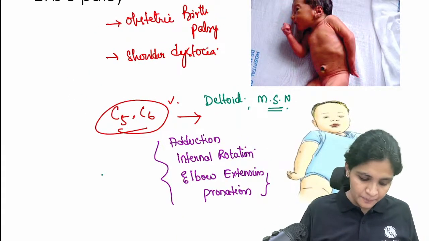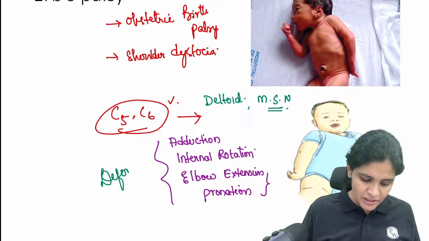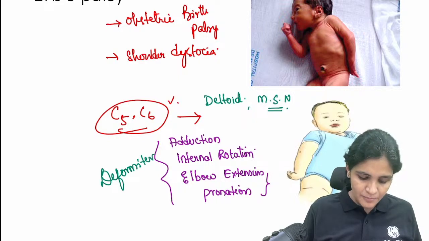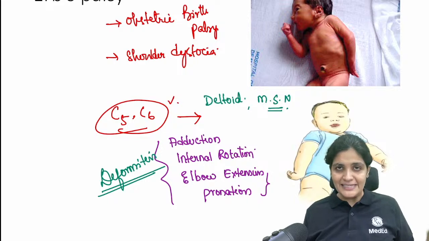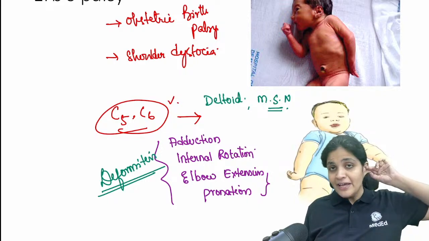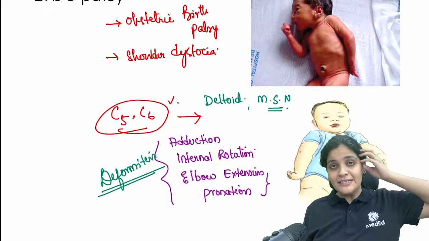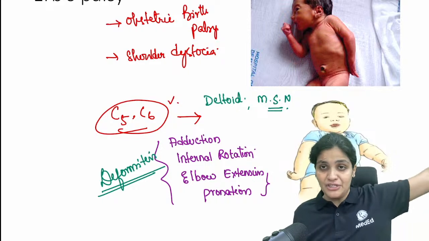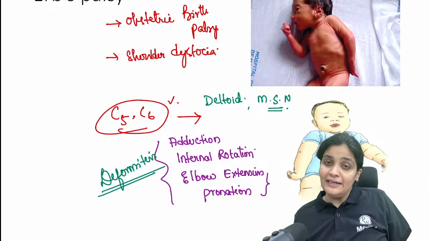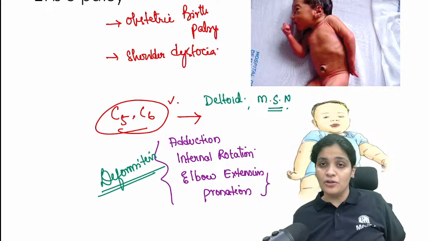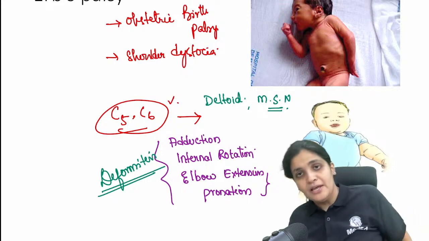So these are the deformities which we see, and they are because of damage to so and so nerve, right? The axillary nerve supplies the deltoid and the teres minor. Deltoid is for abduction, so there is loss of deltoid and the patient is in adduction. Teres minor is for external rotation, so there is loss of external rotation.